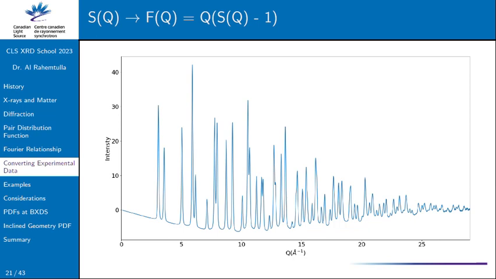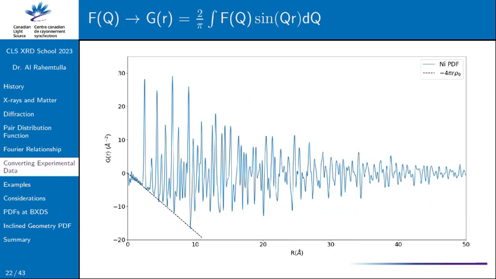And then now that we have this, we do that integral again. One thing we'll notice is that there's a fall off in the pattern that's linear, and this actually has information. It's going to follow a trend related to R as well as the number density of the material.